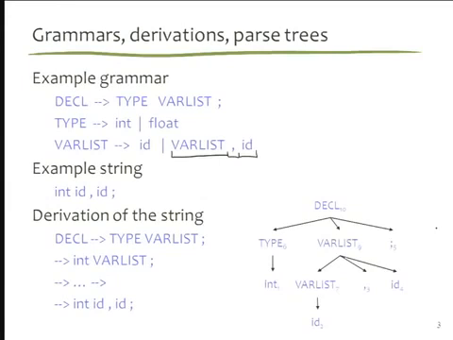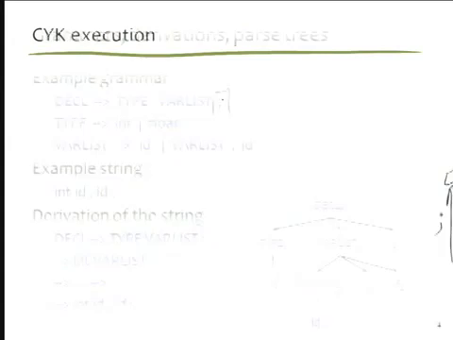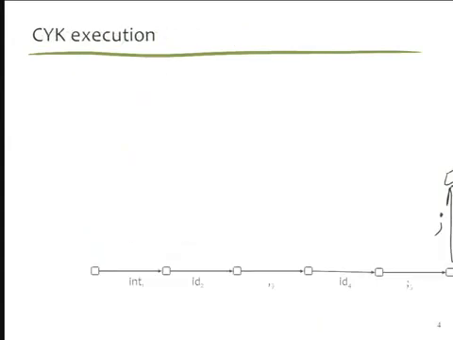This is the start non-terminal. This grammar derives exactly one declaration rather than a list of declarations. That's just the fragment of the grammar used. And it has exactly one semicolon at the end. So we would be able to place this edge here for declaration, as we did.